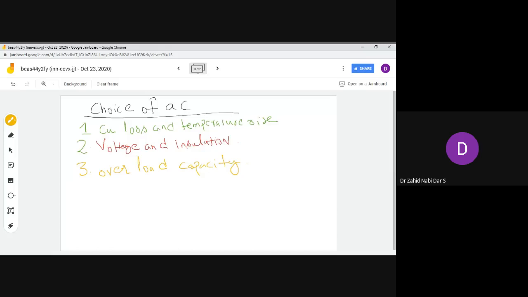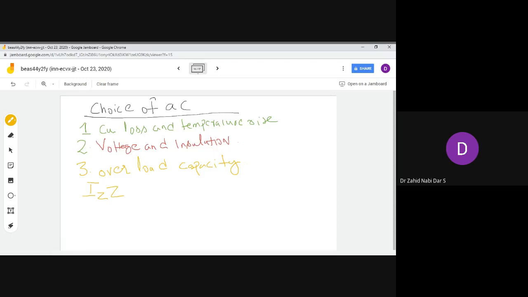As far as the copper loss and temperature rise is concerned, when your ampere conductor increases, Jyoti also showed you the Iz into Z. If you saw the previous equation on the slide shown by her, ampere conductors is basically the number of currents and the number of turns per phase.